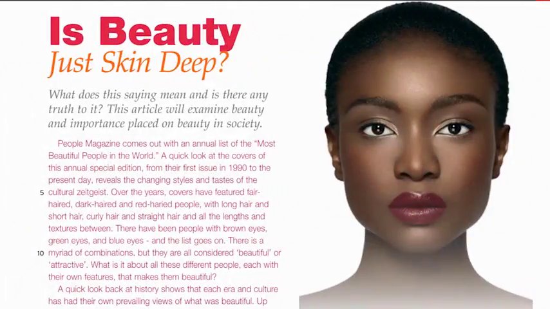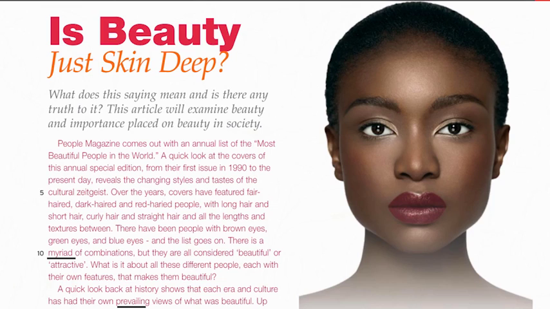Imagine that we are on this page and I don't know what these words mean. So the first thing that you must do is try to guess the meaning from the context. For example, here we have, there is a myriad of combinations, but they are all considered beautiful or attractive.